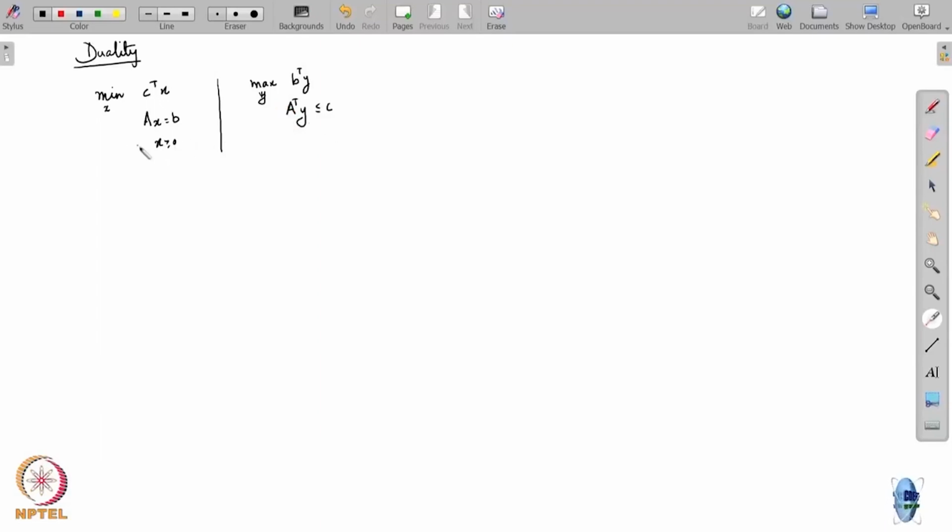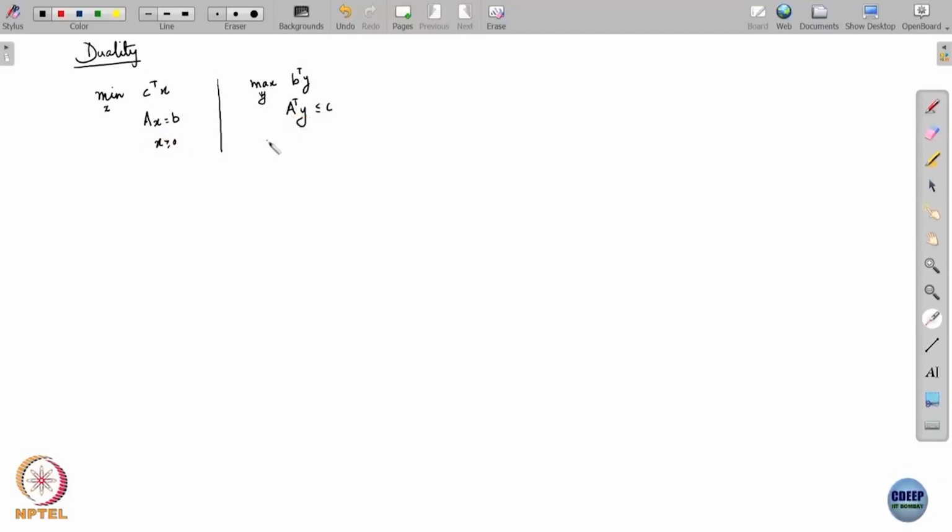So, these problems involve the same set of constants, but arranged in a certain specific way. You will also notice that here there is an equality constraint, because this was in standard form, whereas this has an inequality constraint. Here x is greater than or equal to 0, but here y is unconstrained. There is no constraint on the sign of y.